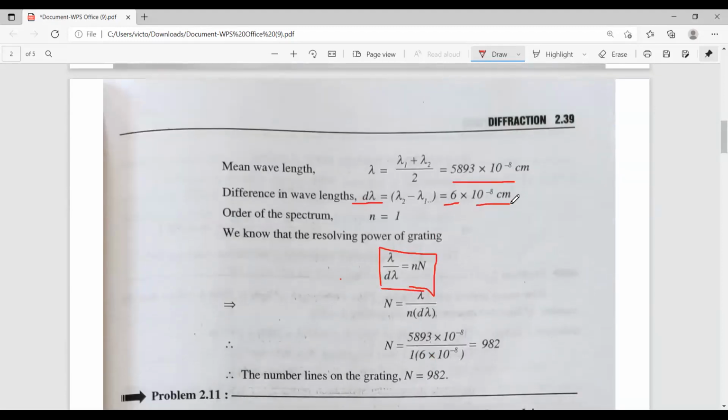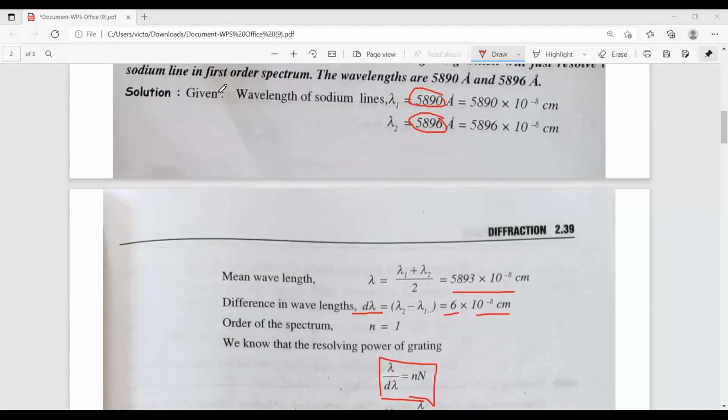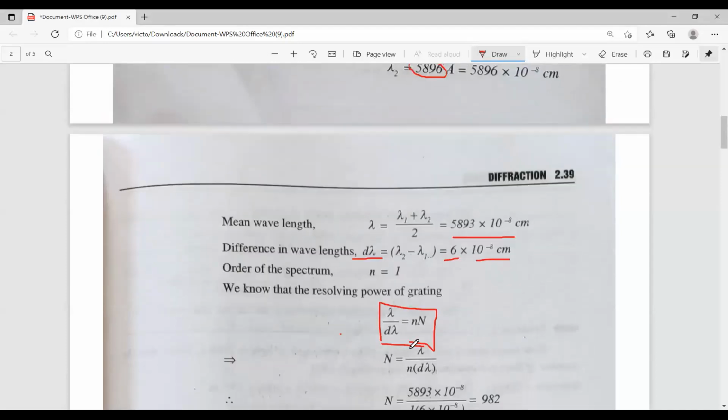It is also converted into centimeters by multiplying with 10 power minus 8. So d lambda value is 6 into 10 power minus 8 centimeters. And clearly from the problem, it is in the first order spectrum. So finally, all the values are here.